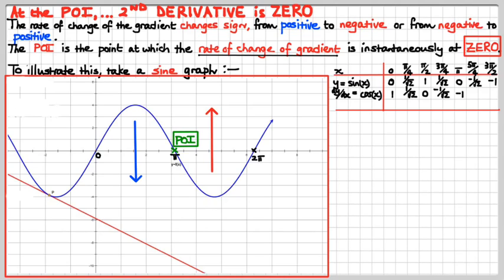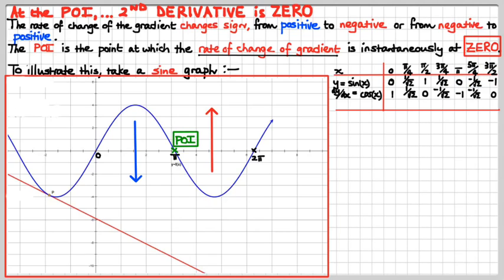Cos of 5 pi on 4 is again minus 1 over root 2. And cos of 3 pi on 2 is 0. Yes? Now that's dy/dx. That's the gradient of sine x. Those values are the exact values of the gradient of sine x at those x values in that table, right?